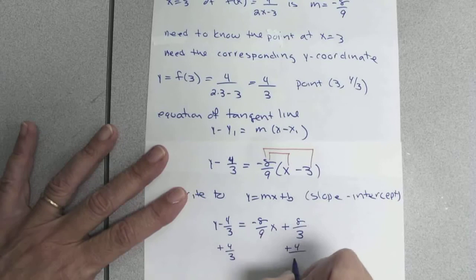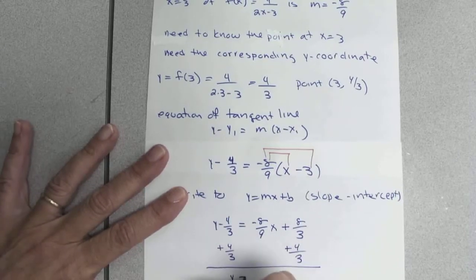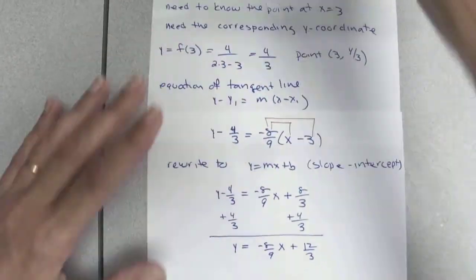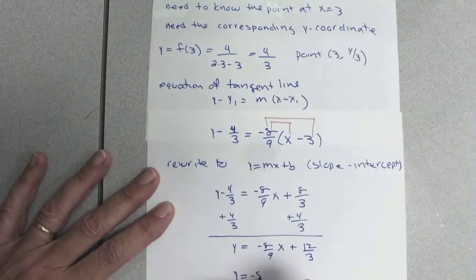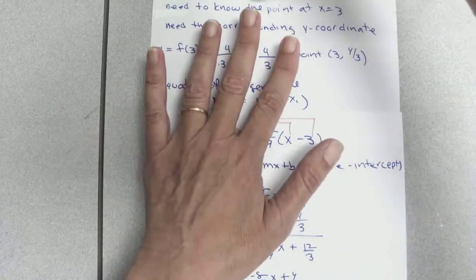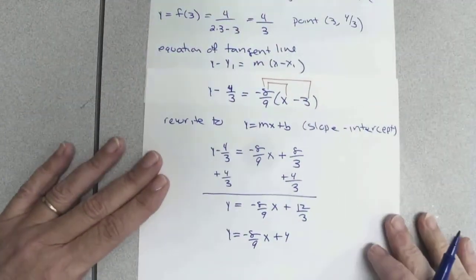Then add the 4/3 to both sides, and so I get y equals negative 8/9 x plus 12/3, for y equals negative 8/9 x plus 4. And there would be the equation of my tangent line.